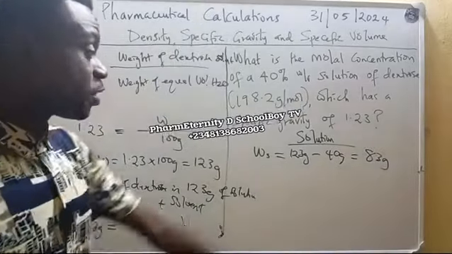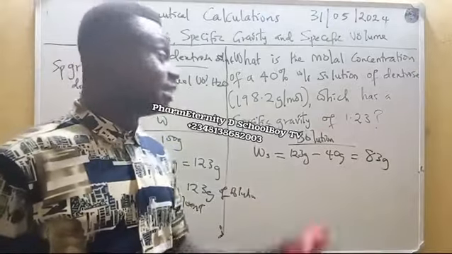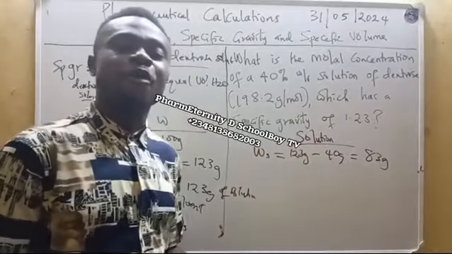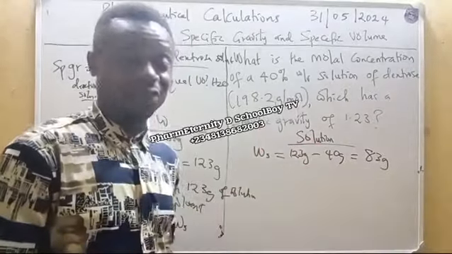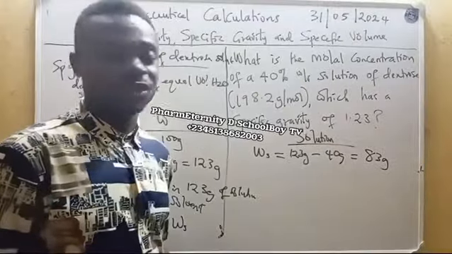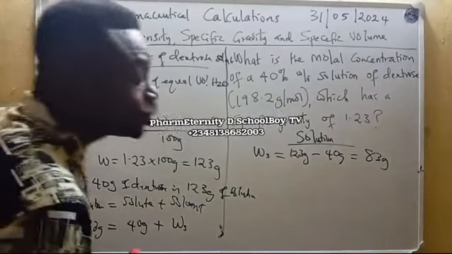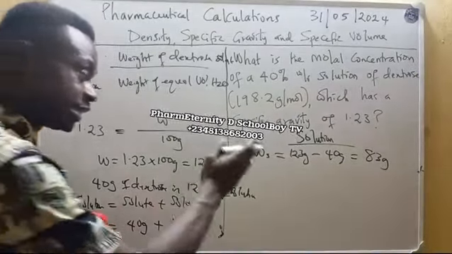So the weight of the solvent, in this case water, in which the 40 gram of dextrose was dissolved to get the solution is 83 gram. So we've gotten the weight of the solvent, which is water, to be 83 gram.